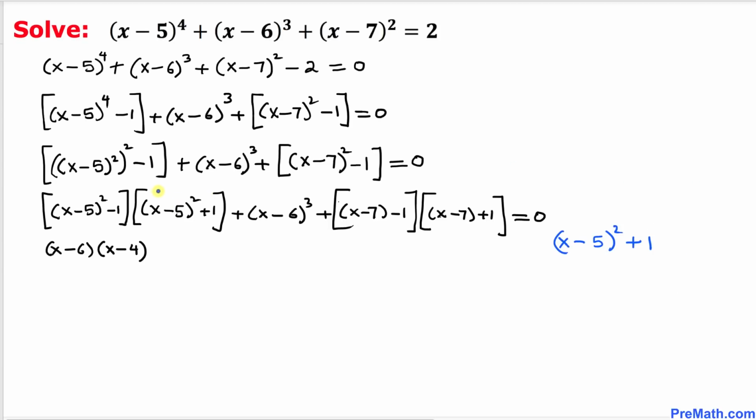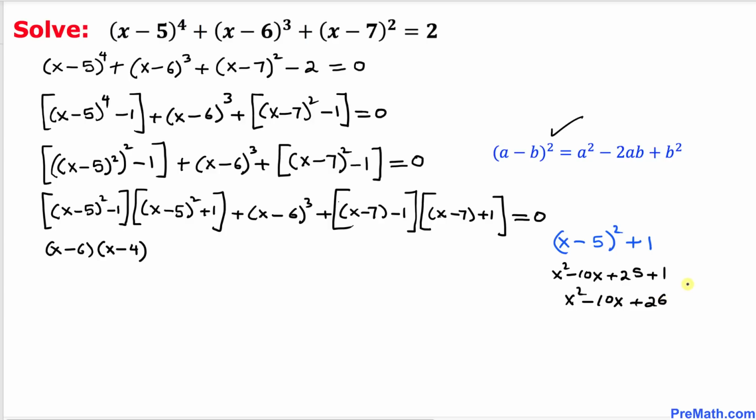And now let's focus on this part inside this bracket. I have just copied it down over here. Now let's expand this binomial by using this formula. So (x − 5)^2 could be written as x^2 − 10x + 25, and then plus 1. That is going to give us x^2 − 10x, and 25 plus 1 is going to give us 26.